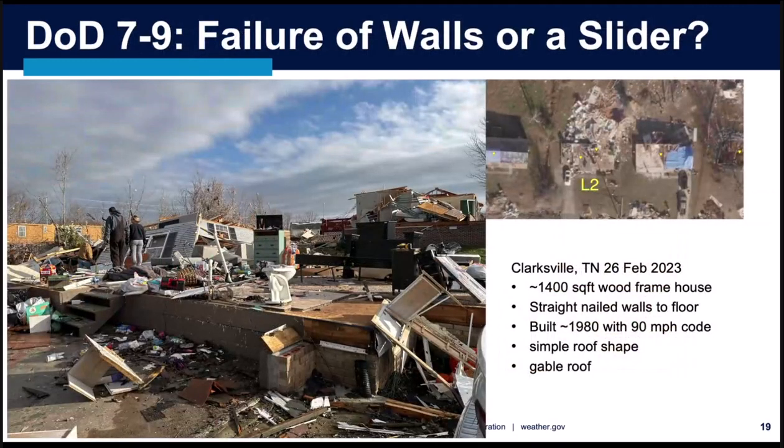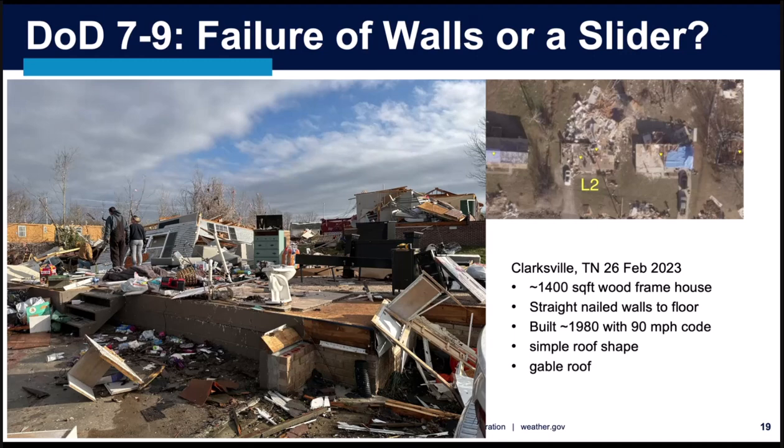Okay, let's talk about upper DODs. Now we'll talk about failure of walls and/or slider, and what the differences are here. For example, here, Clarksville, Tennessee, in late February of 2023, we had a 1,400 square foot frame house, straight-nailed walls to floor, built around 1980 with a 90-mile-an-hour code, simple roof shape and gable ends.